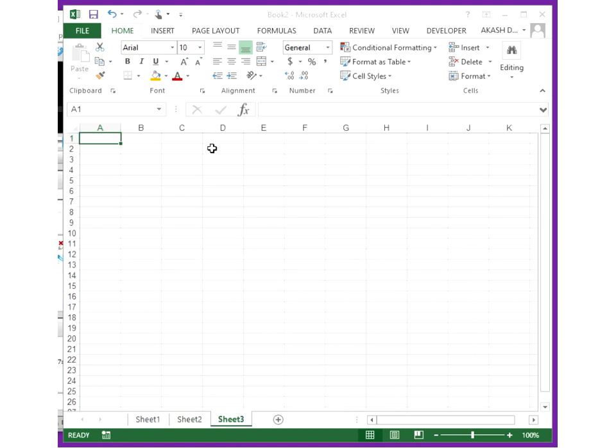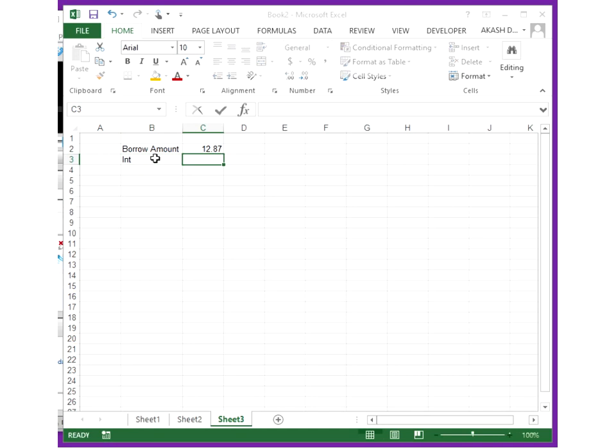All right, students online, can you view the Excel worksheet? All right, so you have the borrowed amount, which is $12.87, and then the repayment would be based on your interest, that is 6%, or 0.06.